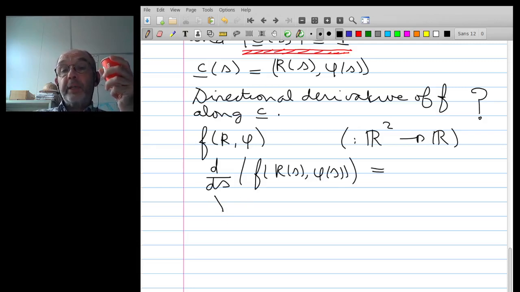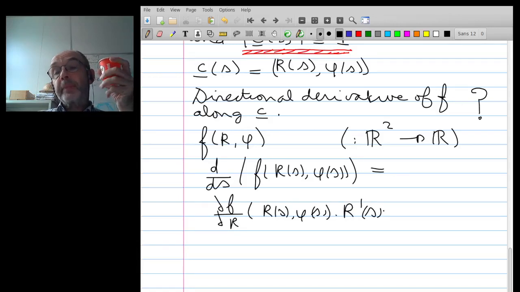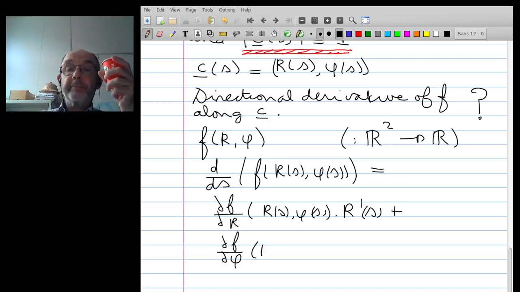The only way to calculate it is by taking the partial derivative of f with respect to r times the derivative of r, plus the derivative with respect to phi, filling in also the coordinates of the curve, times the derivative of phi.